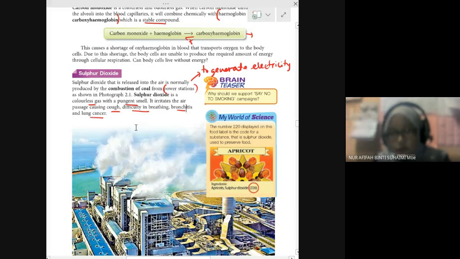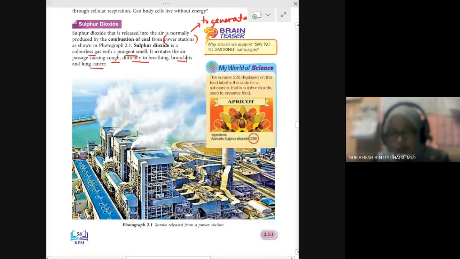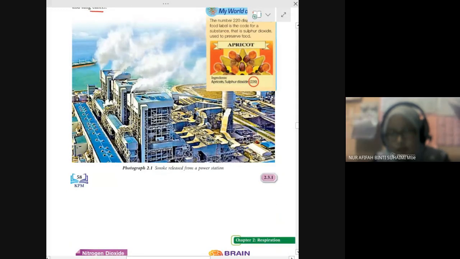Okay, sulfur dioxide. So that's why the chimney of the factory or power station must be built higher, and then we need to fix a precipitator filter.